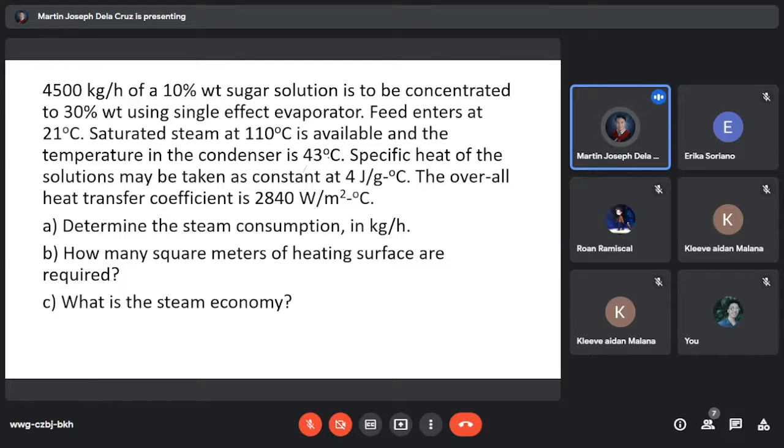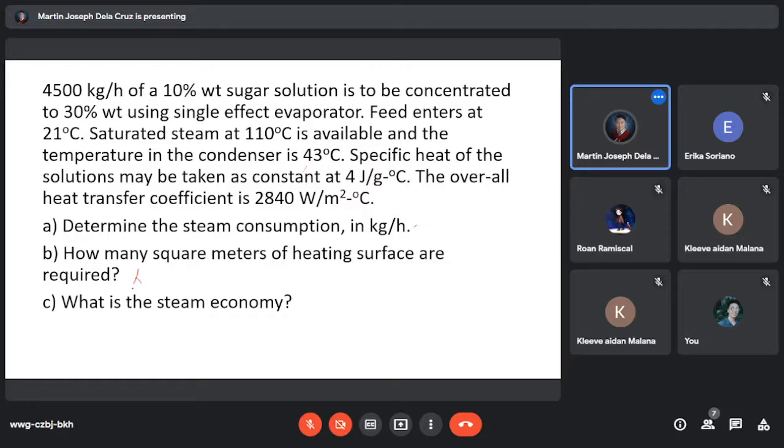Condenser or your evaporator to class. Specific heat of the solutions may be taken as constant at 4 joule per gram per degrees Celsius. The overall heat transfer coefficient is 2,840 watts per meter squared per degree Celsius. Determine the steam consumption in kilogram per hour. How many square meters of heating surface are required?